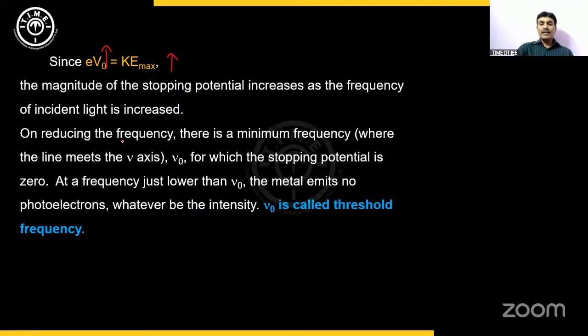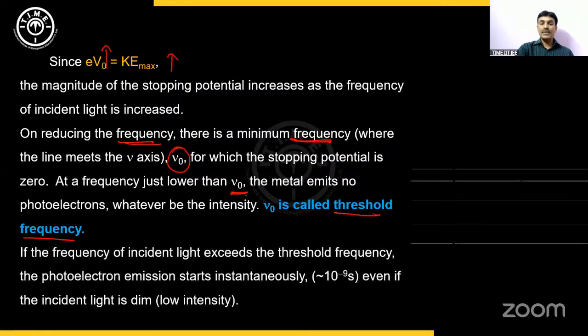So on reducing the frequency, there is a minimum frequency, that is nu naught, for which stopping potential becomes 0. If the frequency is less than this particular value nu naught, the metal is not going to emit any electrons. That particular frequency is called threshold frequency.